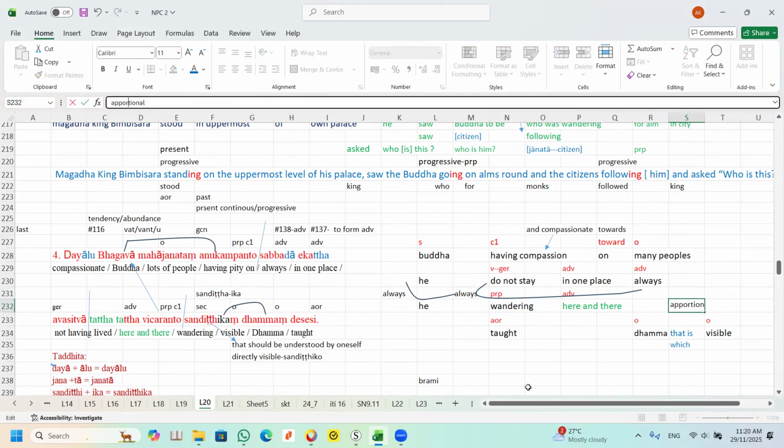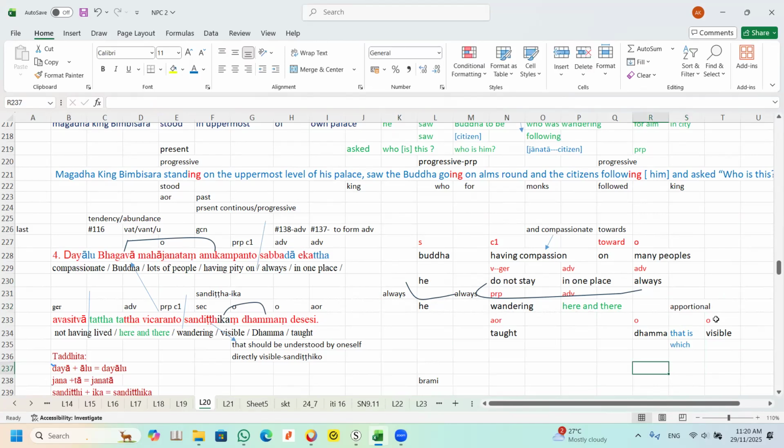Now, in apposition, as long as you are in apposition, that means when you use apposition, it is either "is", "which", or "that is"; it doesn't matter. Which is relative, this is demonstrative. Of course, if you want to find where the demonstrative is, there isn't one, and no relative either. But when you do a translation, it has to be there. You mean he taught the Dhamma which is visible. What do you mean the Dhamma is visible?